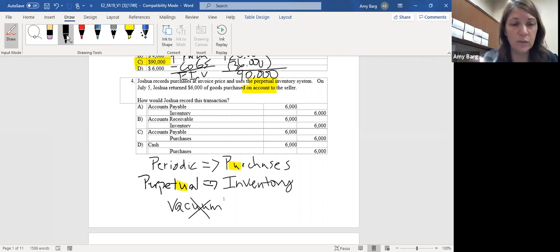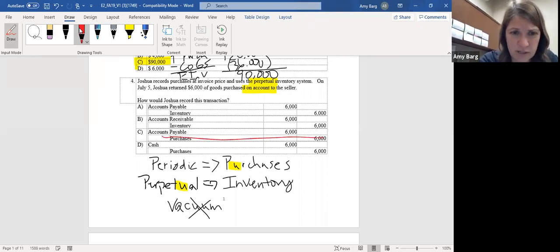So we know that we are using the perpetual system, so we don't want anything in it that has purchases. Purchases are gone. And now it's on account, but it's not accounts receivable, it's accounts payable, because we're returning goods that we purchased.